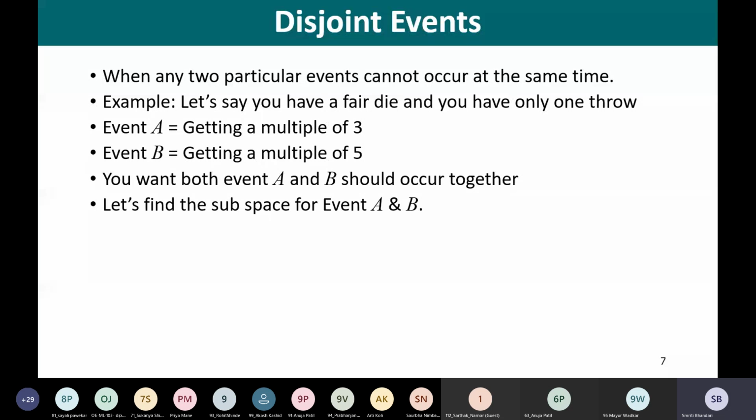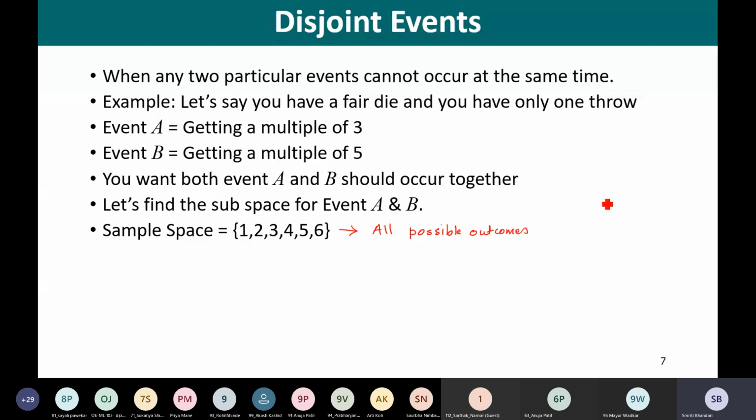Let's try to find out the subspace for event A as well as event B. So we are having the sample space 1, 2, 3, 4, 5, 6. What is the sample space? Sample space denotes all possible outcomes. We are trying to throw a fair die only once.